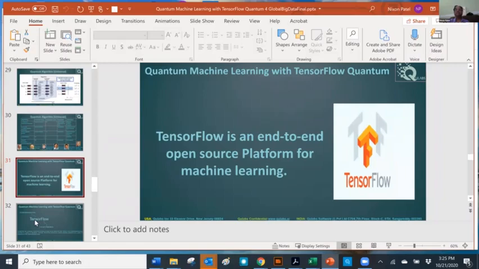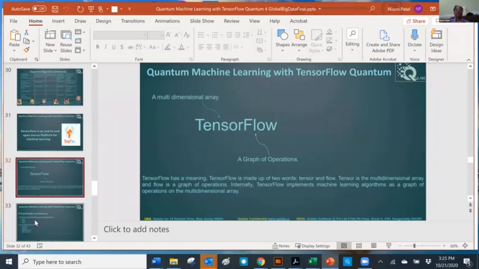The other aspect is the TensorFlow framework, which is already being used in classical, and how that comes together with other tools to provide you with the ability to do quantum machine learning. TensorFlow is typically a multi-dimensional array, right? It is easy to build machine learning.